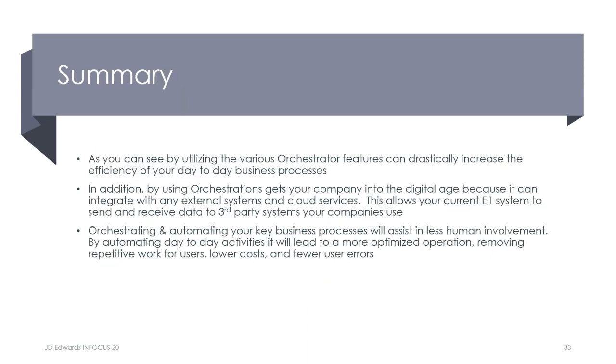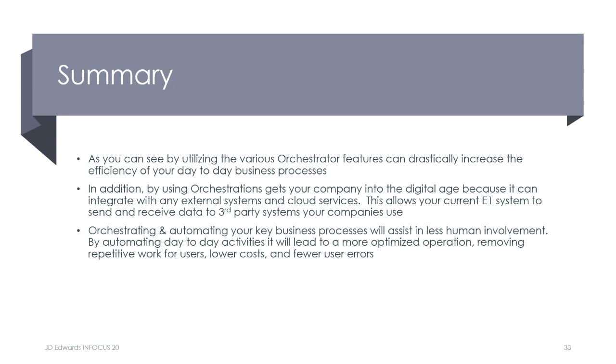So in summary, as you can see, by utilizing the various orchestrator features, you can drastically increase the efficiency of your day-to-day business processes. In addition, by using orchestrations, gets your company into the digital age because it can integrate with any external systems and cloud services.